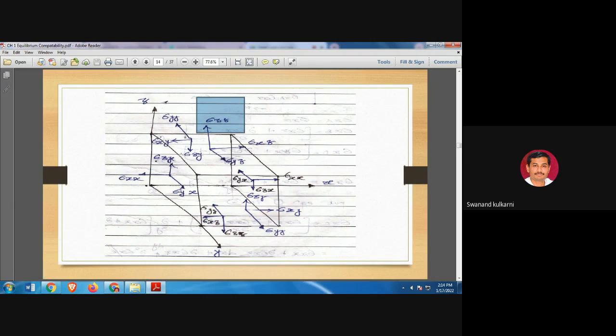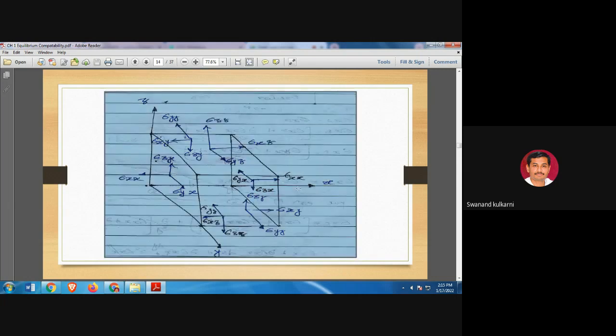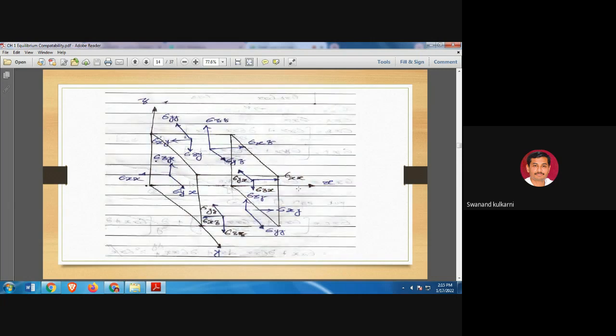Then you can observe the shear components. What are the shear components? You should understand these components because this is very important hereafter; you should know how the different components are present. On this surface there are three components, similarly on this surface three components, and again on this surface three components.